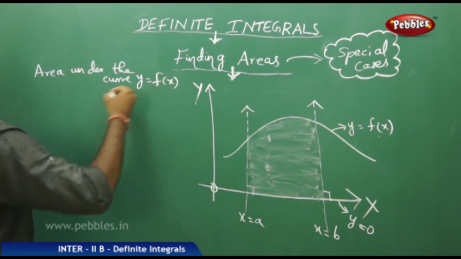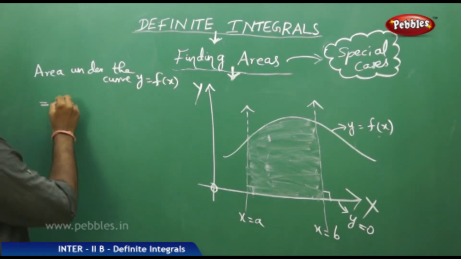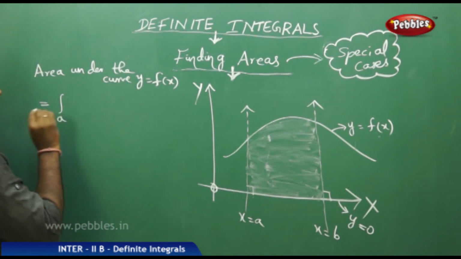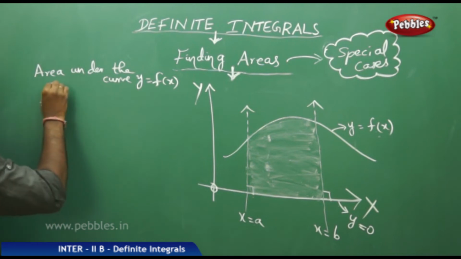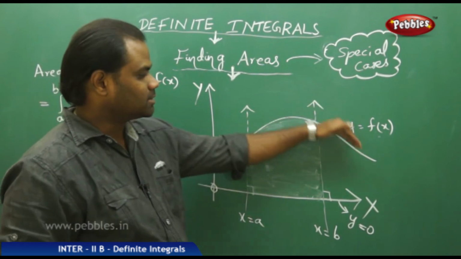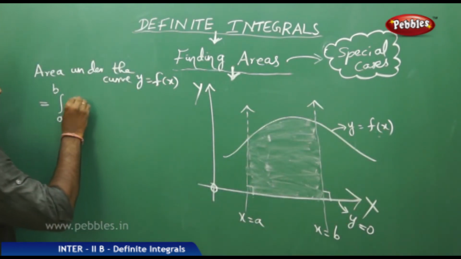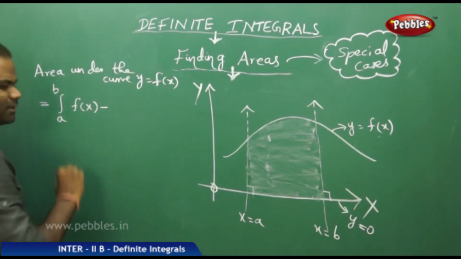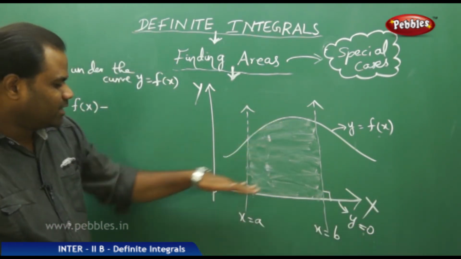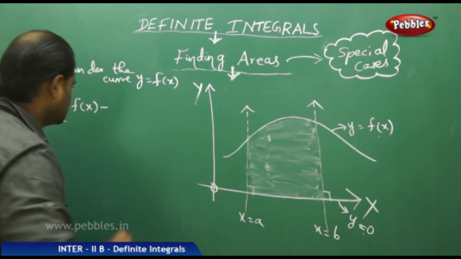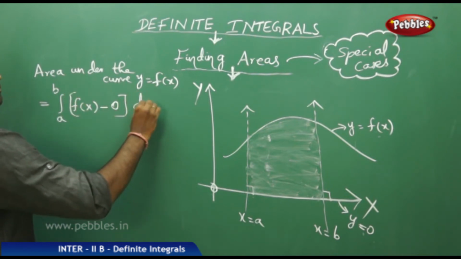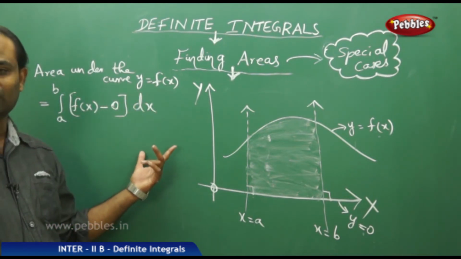y is equal to f of x is given by the integral with lower bound a and upper bound b, and the upper curve. Clearly in this case the upper curve is f of x, therefore I have the upper curve coming first, and then the lower curve is the x-axis, that is y equal to 0, because the area touches the x-axis. Therefore the lower curve is 0 times dx.